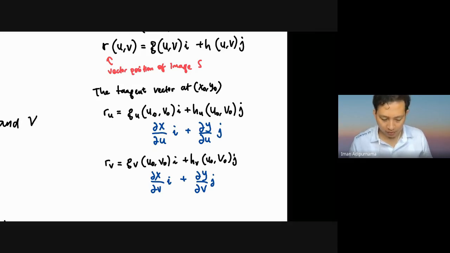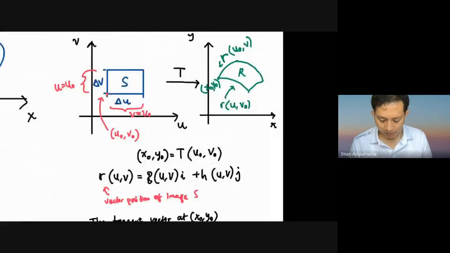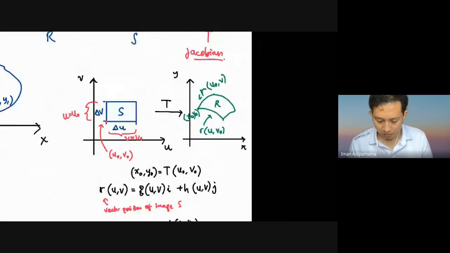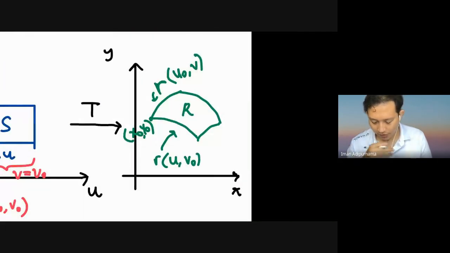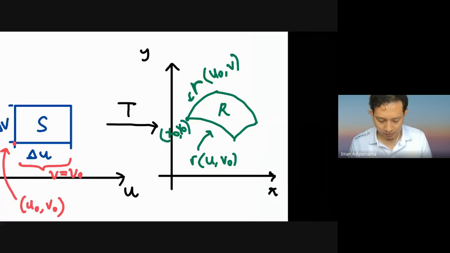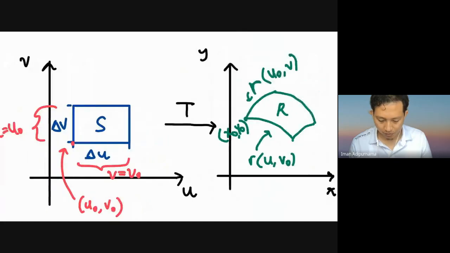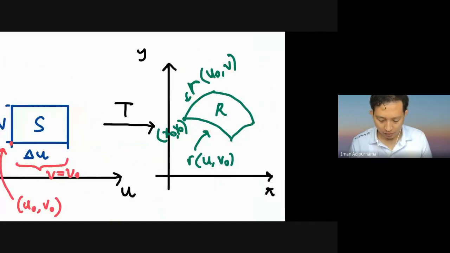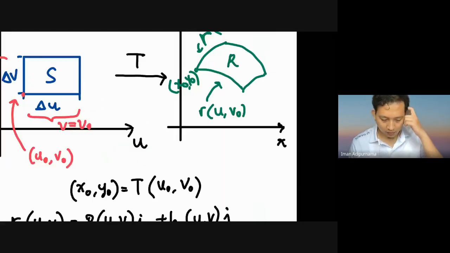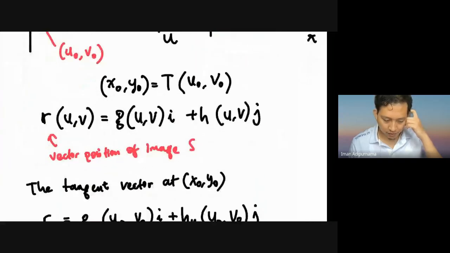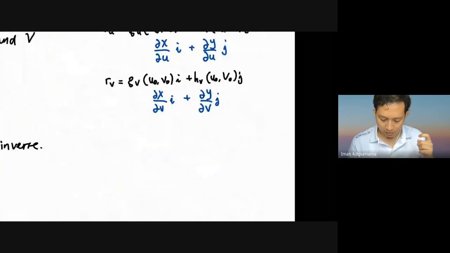If we can imagine, let's look at this image R here. Let's put this image S into R, and see what we can relate from there. Let me write maybe here.